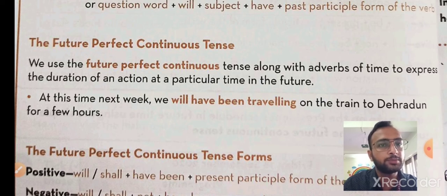At this time next week means you are telling someone that at this point of time next week we will have been traveling on the train to Dehradun for a few hours. It is like when you are meeting your friend and you tell them, on this day I will be traveling to Dehradun at this point of time. So it is fixed.